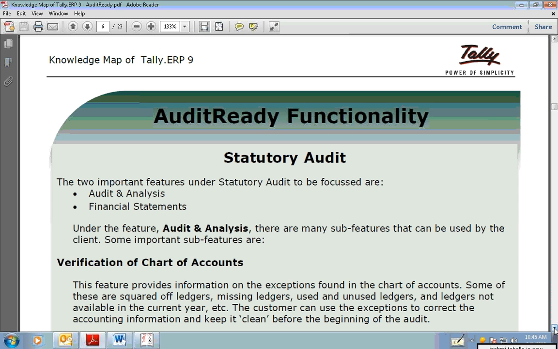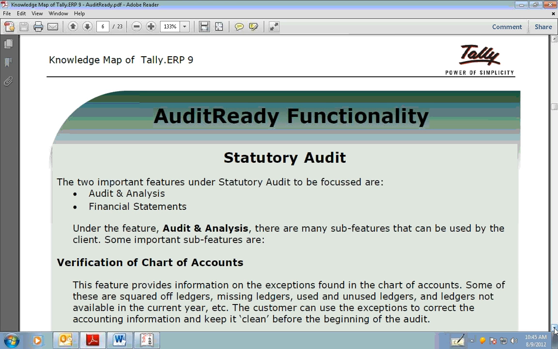Alright? So we are talking today about the entire audit and analysis. Coming to financial statements, we have scheduled other sessions on this, like revised Schedule 6 financial statements as formatted by the Ministry of Corporate Affairs. In this session, we will not be discussing financial statements.